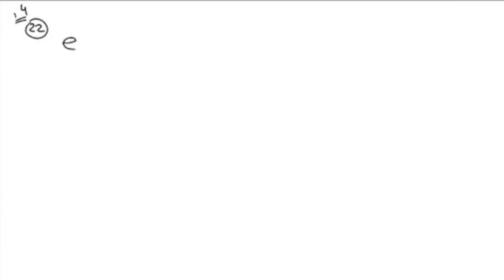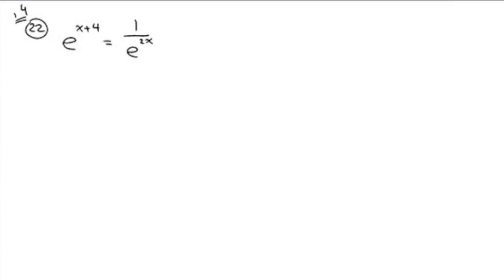So it says e to the x plus 4 is equal to 1 over e to the 2x. Simple equation. How do you solve for x? I need the e on both sides, raised to some power.